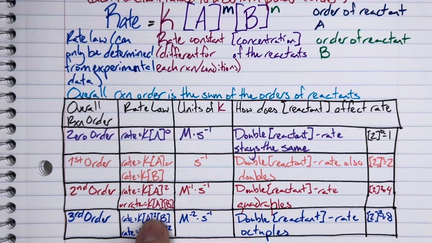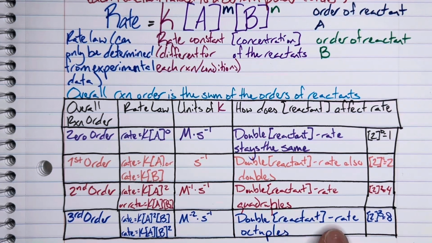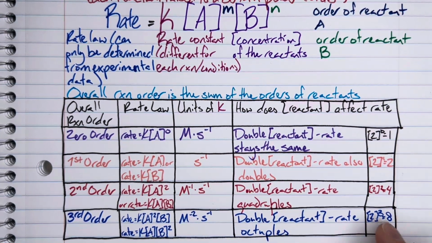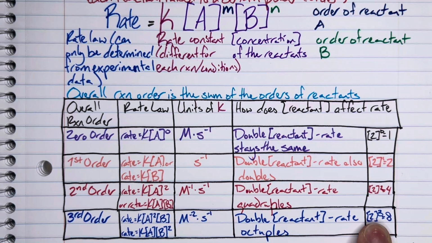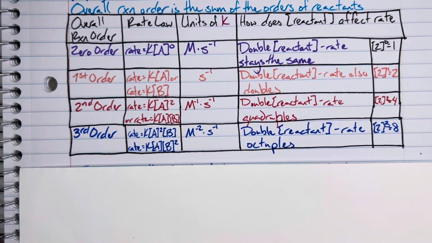And so if I'm third order, it can be 2 plus 1 or 1 plus 2, et cetera. My units for K are going to be per molar squared per second. And if I doubled the concentration of the reactant, then my rate is going to octuple. So if I double the concentration, I'm raising it to the power of 3. So that would give me, again, octupled rate.